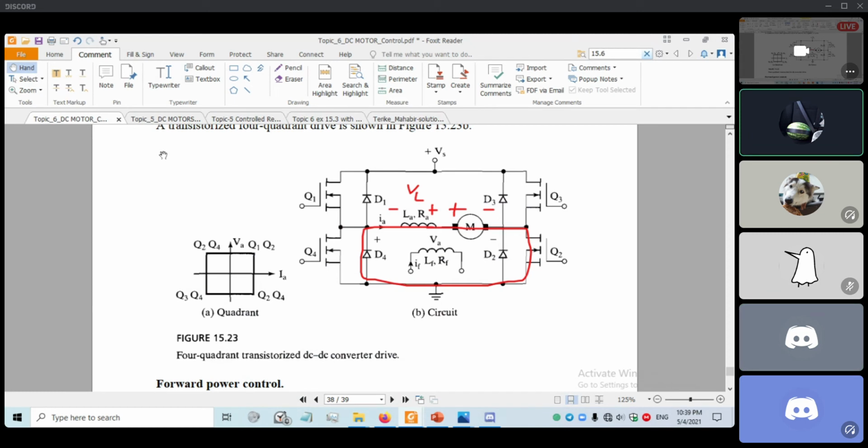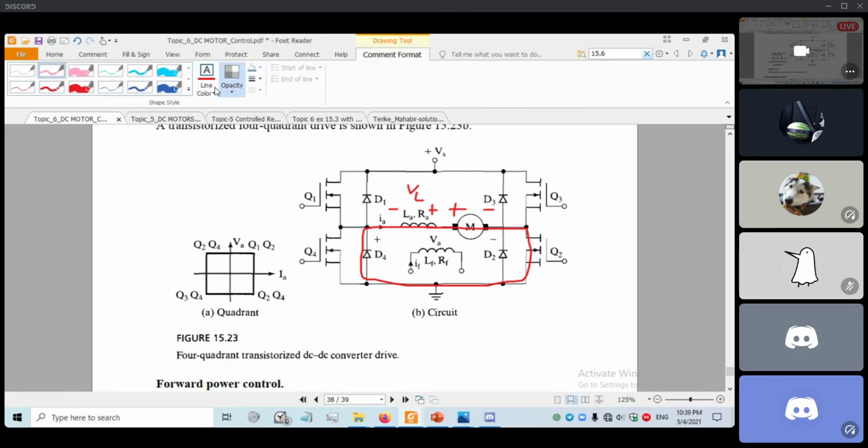Then Q1 will turn back on again and current will be supplied to the machine again via Q1 and Q2, as in this blue color here. Right?